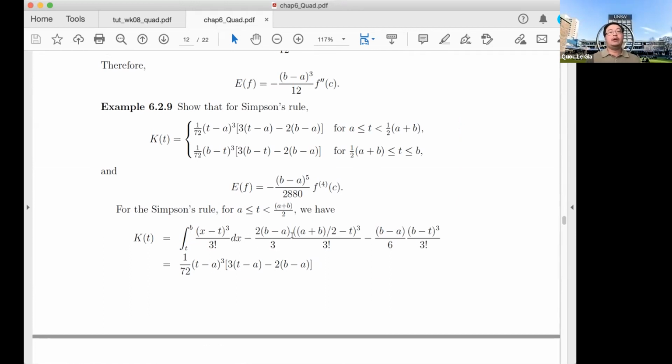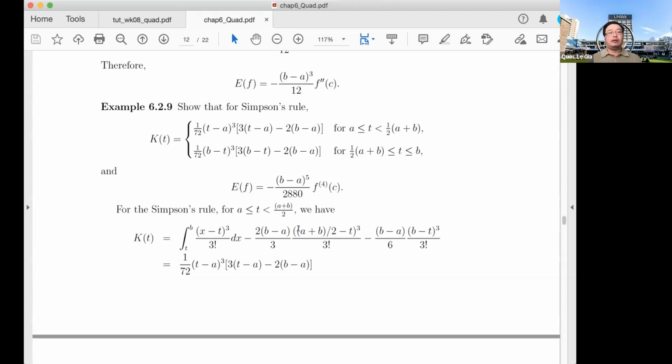And because in this case, t is strictly less than the midpoint, then you can include the midpoint and the right point B. So this is the error function.